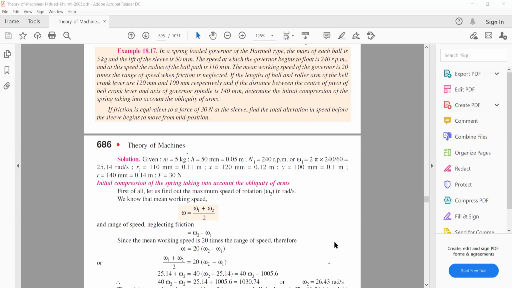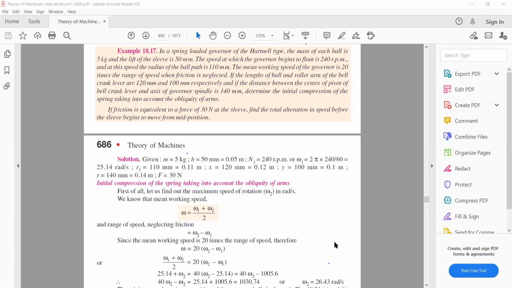If the lengths of the ball and the roller arm of the bell crank lever are 120 mm and 100 mm respectively, and if the distance between the center of pivot of the bell crank lever and the axis of the governor spindle is 140 mm, determine the initial compression of the spring taking into account the obliquity of the arms. And second, if the friction is equivalent to a force of 30 newtons at the sleeve, find the total alteration in speed before the sleeve begins to move from mid position.